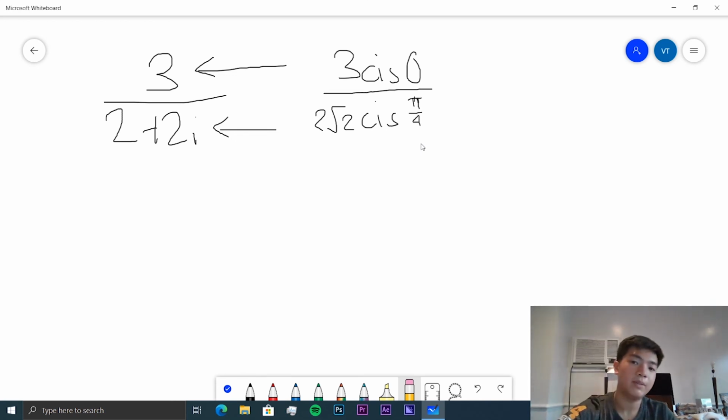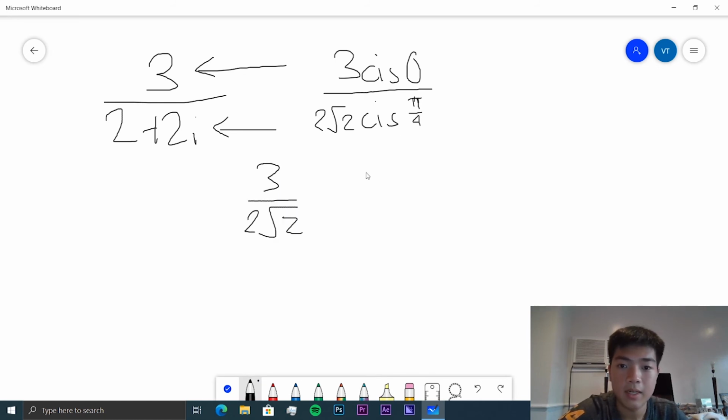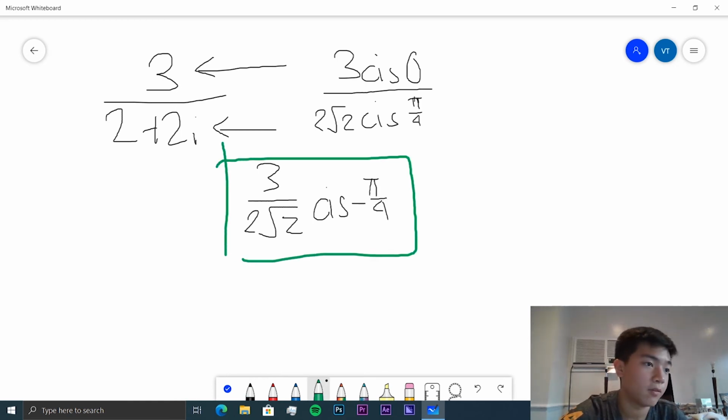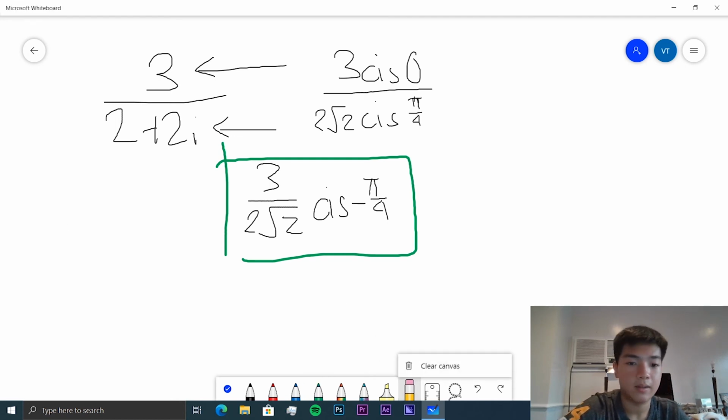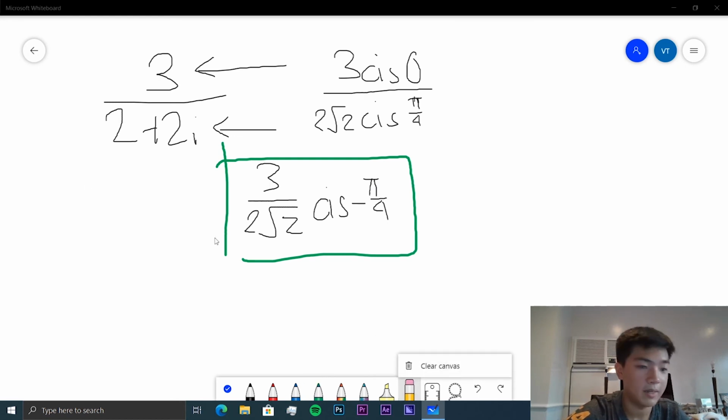So yeah, it should be 2 square root 2. And so now we need to simply divide the two numbers. So we get 3 over 2 square root 2 times cis negative pi over 4, since we need to subtract pi over 4 from 0. Yep, that's correct.